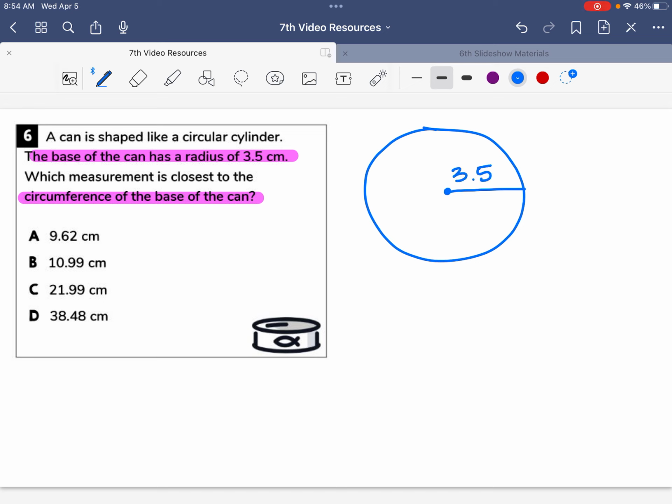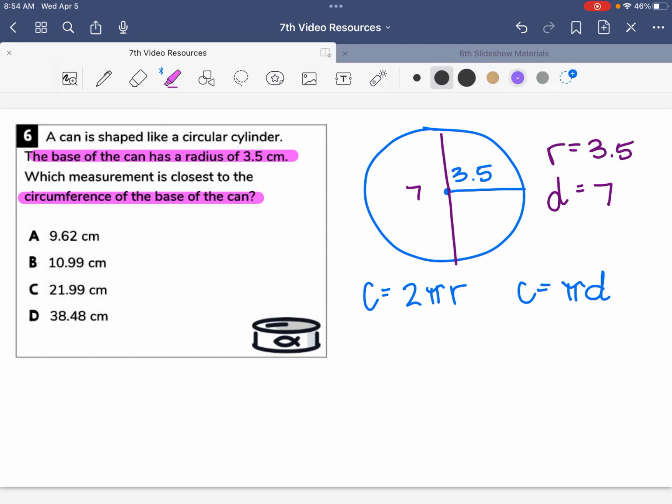And they want the circumference, so again, I can use 2 different formulas. I can use circumference is equal to 2 times pi times radius, or circumference is equal to pi times diameter. They gave me 3.5 as a radius. If my radius is 3.5, then my diameter is double that, so that would be 7.